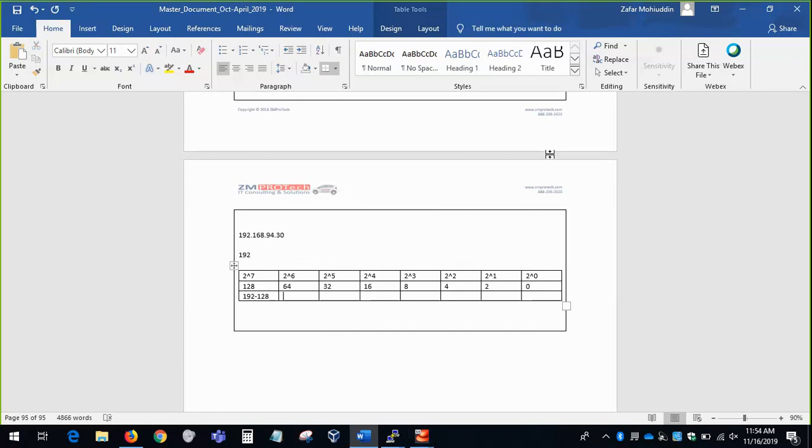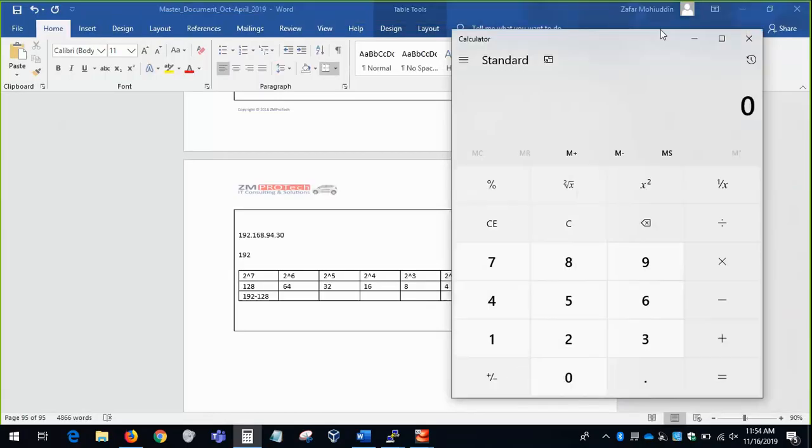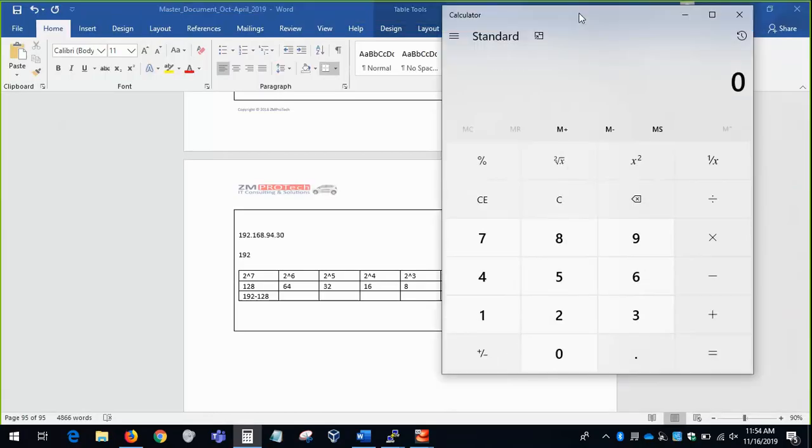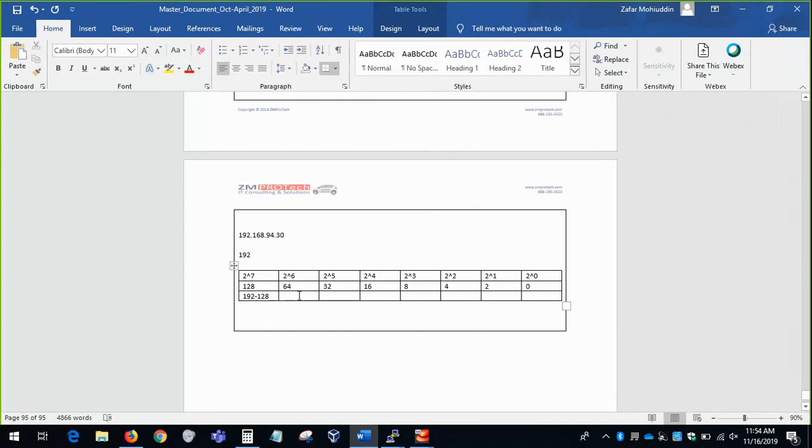Let's keep this calculator on the side. So 64 is left, and then we're going to do 64 subtract 64. So what is left is 0 here.